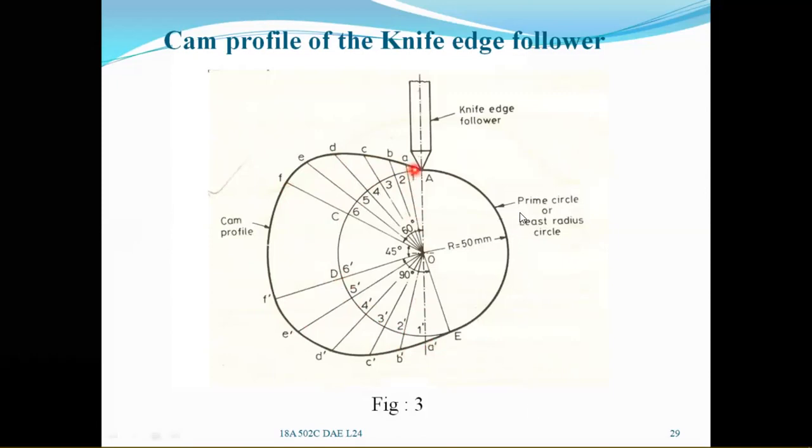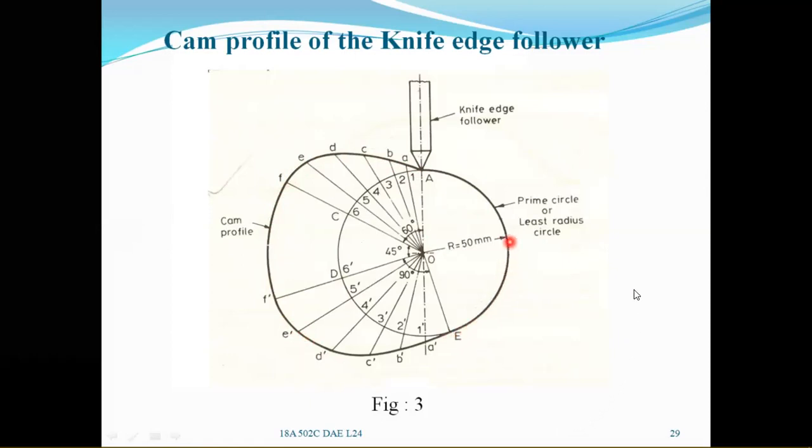After marking points A, B, C, D using displacement diagram lengths, join with a smooth curve by freehand, capital A, B, C, D with a smooth curve, even including the dwell period, and join F dash, E dash, D dash, C dash, etc.